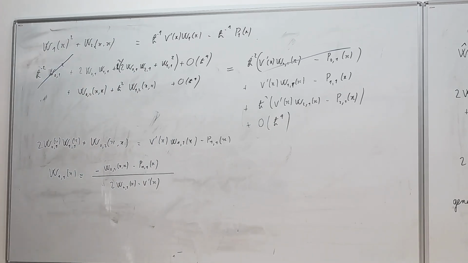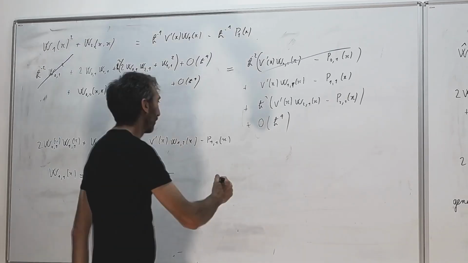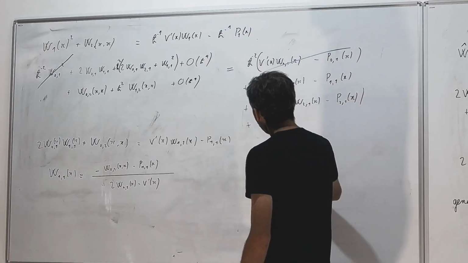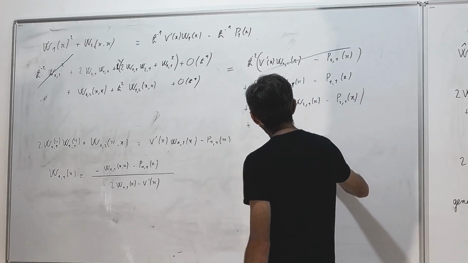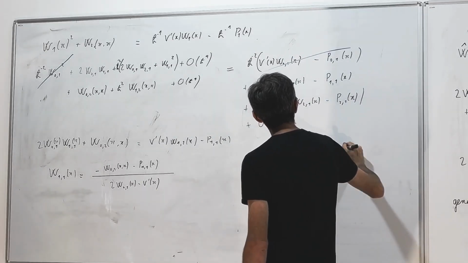All right, so we almost know what it is, except that we don't know yet what P11 is. Let me go back to our example of the quartic potential. The degree of P11 should be less than or equal to the degree of V' minus 1.